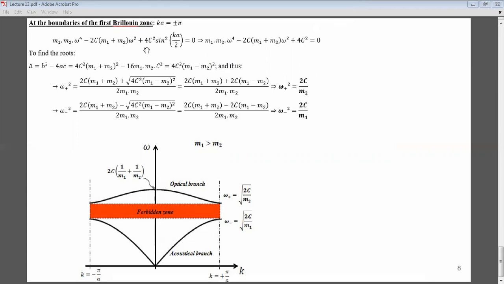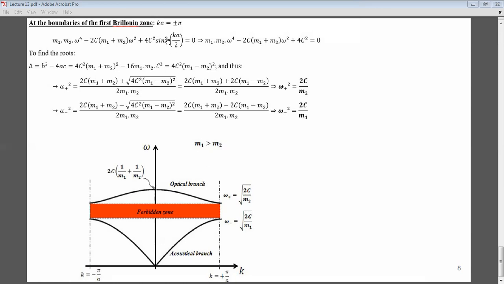So this term sine squared of ka over 2 will become 1, and I will have m1 m2 omega to the 4 minus 2c into (m1 plus m2) omega squared plus 4c squared equal to 0, because sine squared of pi over 2 is 1. And to find the roots, I repeat, first I get the delta, and then I get omega plus and omega minus.